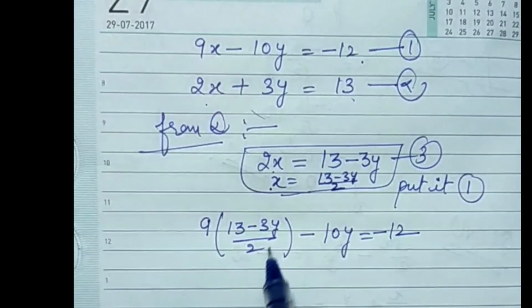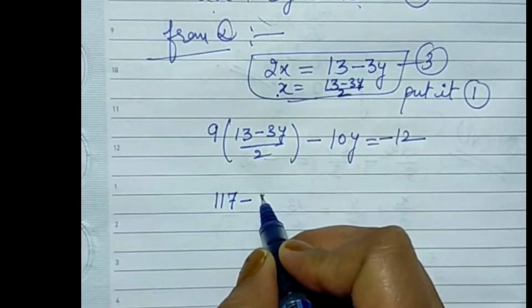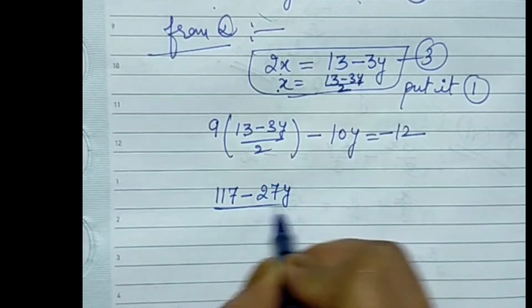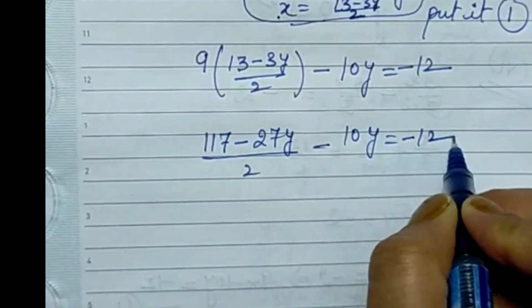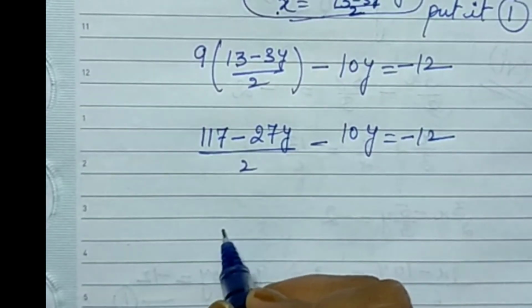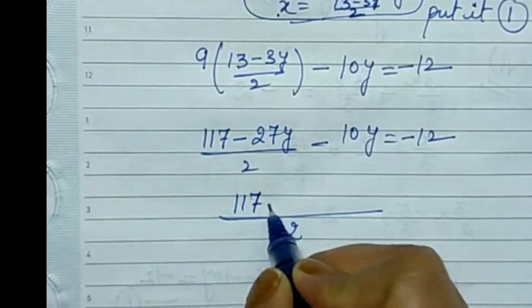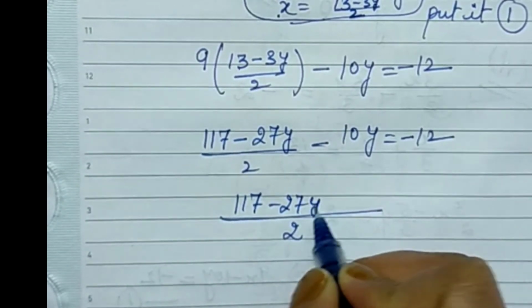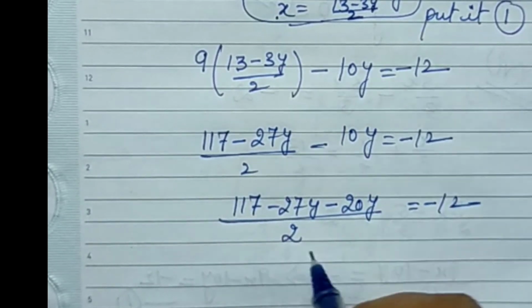So let's solve it now. Let's take the LCM now. 2 goes over that side.